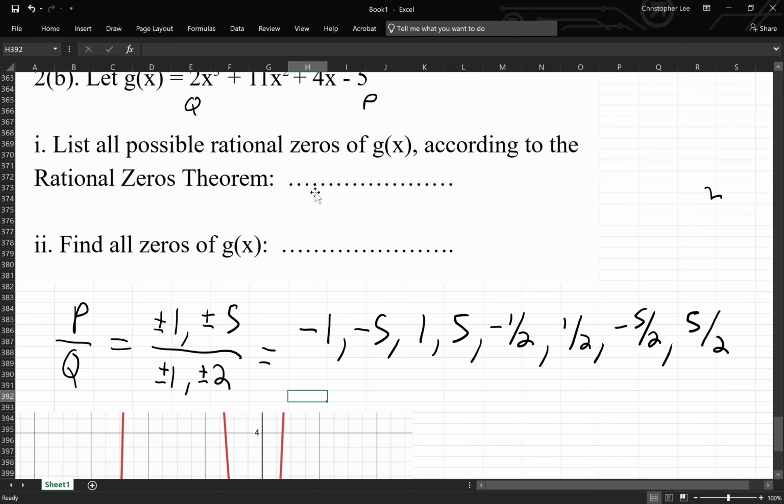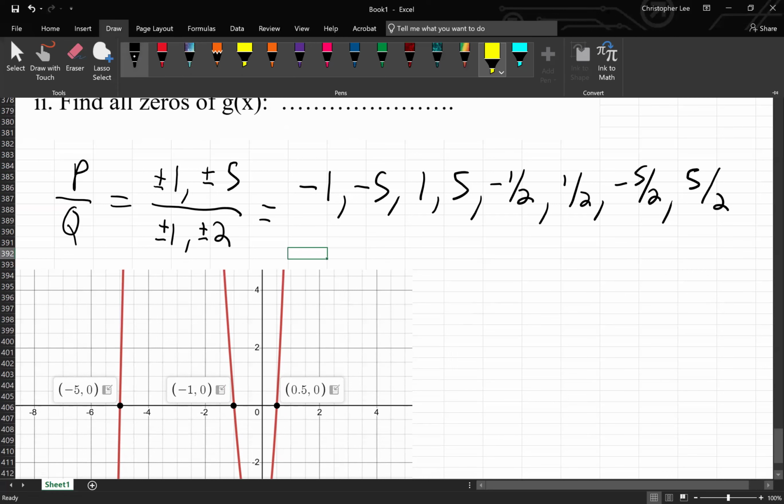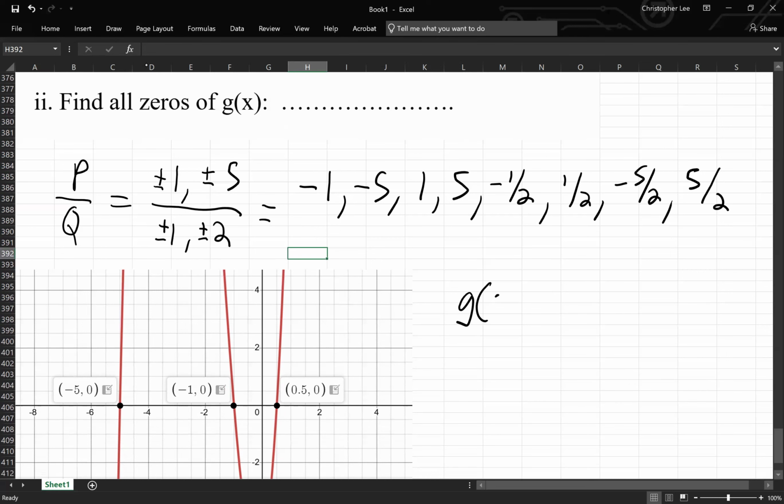Was that a g of x? All right, so excuse me, let me get my pen. Sorry about that. So let's say that g of x, instead of x, I'm going to plug in -1. I figure that's the easiest one, just to show you guys that this could work.